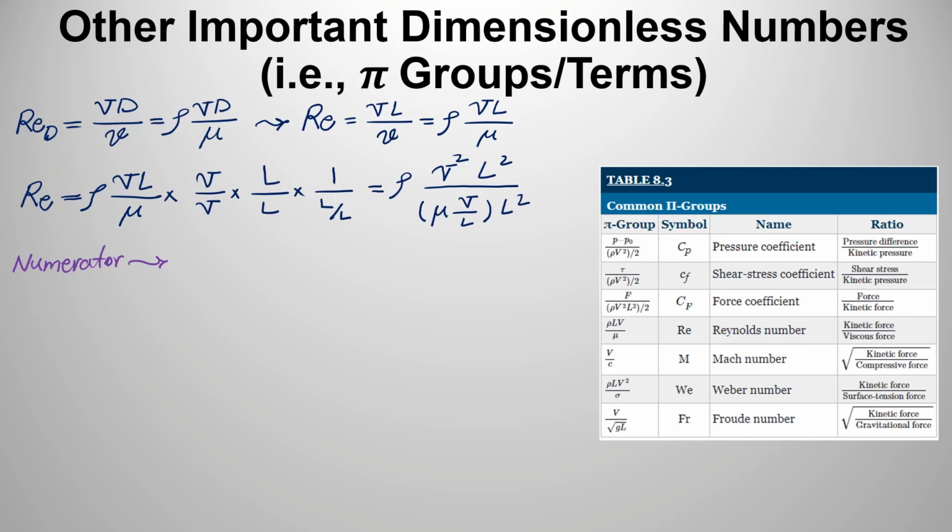So what was dynamic pressure? Remember that this term, velocity squared over 2g, was dynamic head, right? Dynamic head. So I can tell you that rho times velocity to the power 2 divided by 2, it's dynamic pressure.